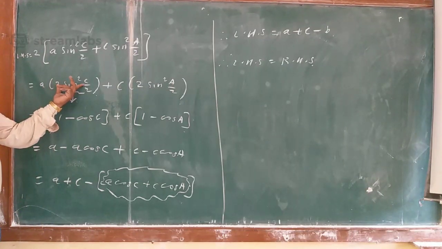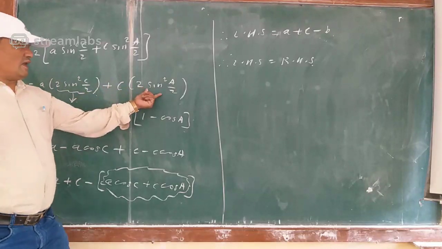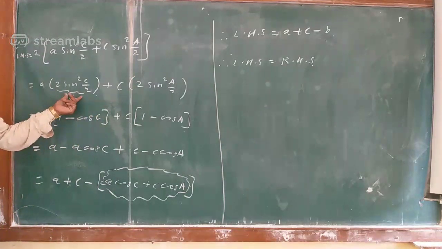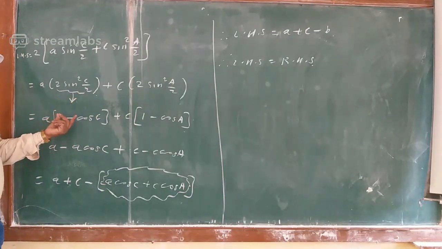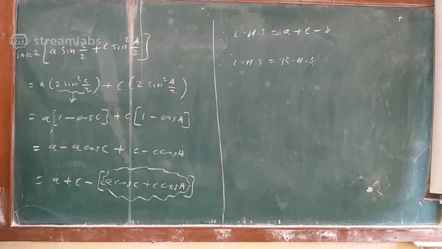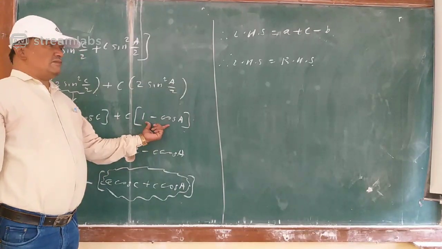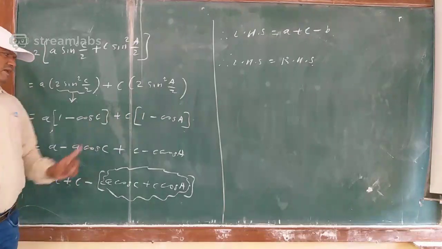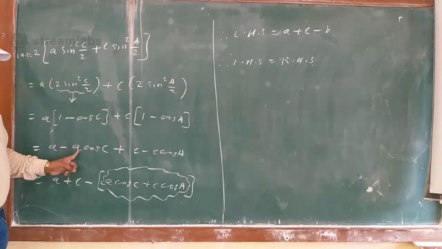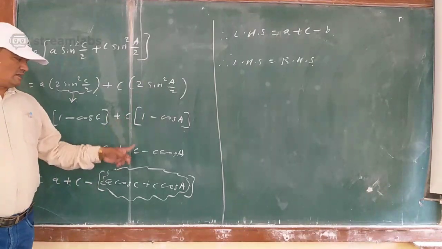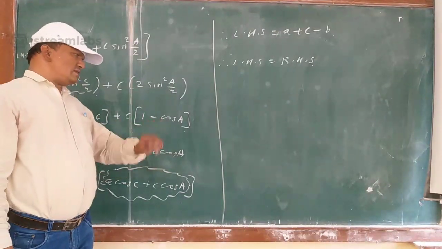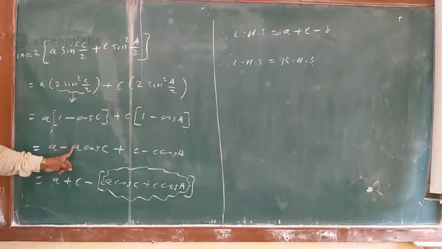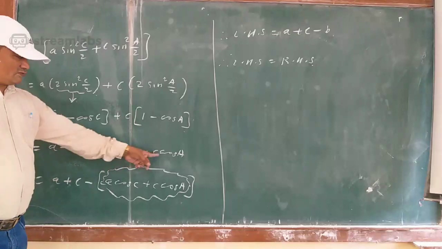So the important steps are here. Conversion into 2 times sin square C by 2, 2 times sin square A by 2. After that use 2 times sin square theta by 2 means 1 minus cos theta. Therefore here is 1 minus cos A. After that multiply by A, multiply by C. A minus A cos C, C minus C cos A. A and C get together, and the minus sign is taken common from these two terms.